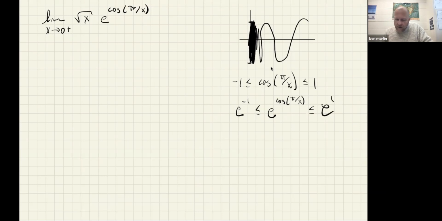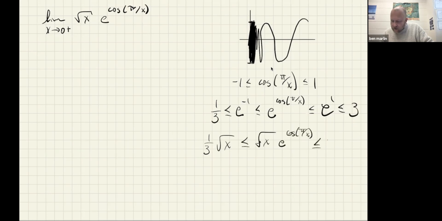So what that says is that we've got these two numbers. I'm going to go ahead and put a number that's just a little bit smaller here, and a number that's a little bit larger over here, okay? Now, if we multiply that through then by the square root of x, then we get that, okay?